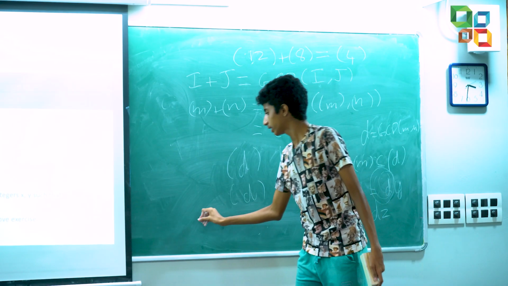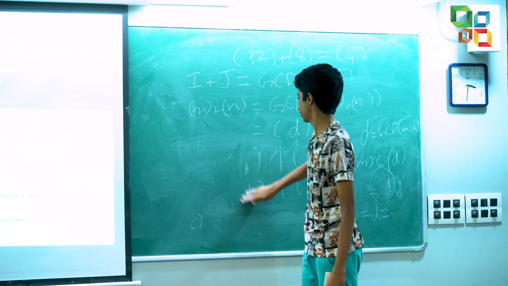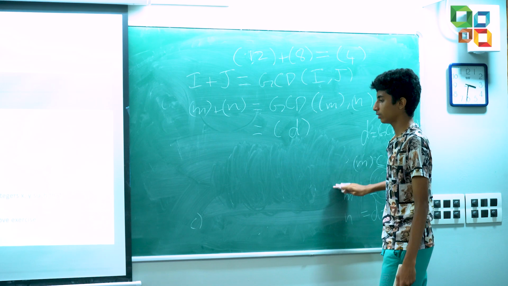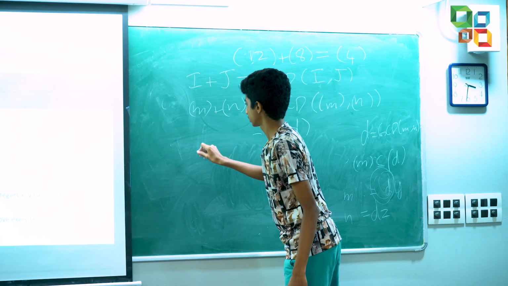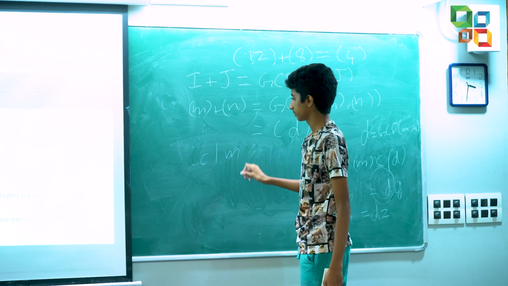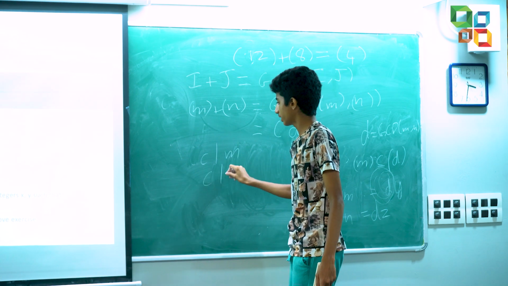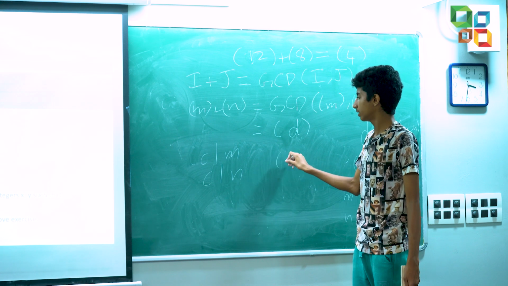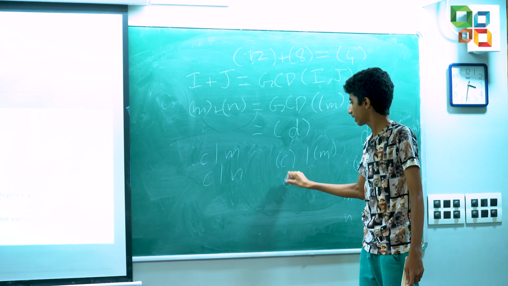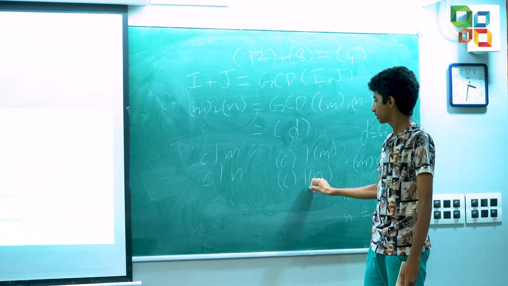So if you have any other, smaller divisor, let's say some number C which divides M, and C divides N, you can take the whole ideal itself. C divides ideal M and C divides ideal N. Why can you do this?